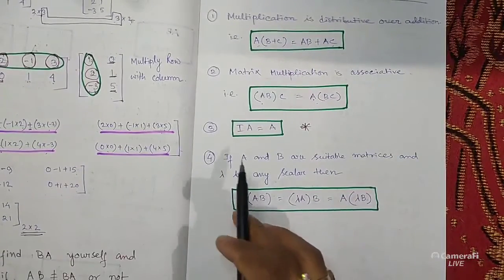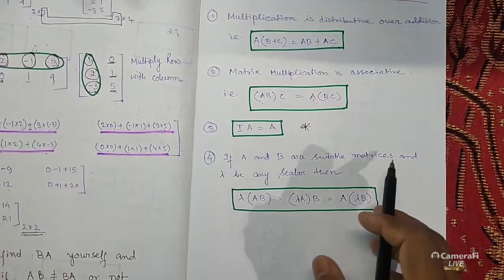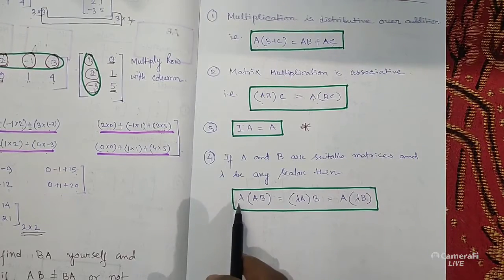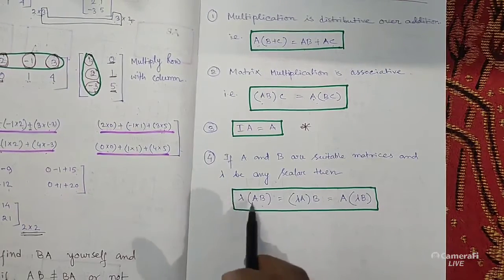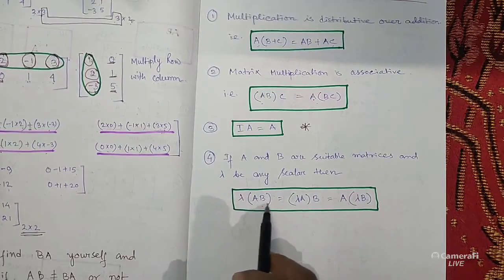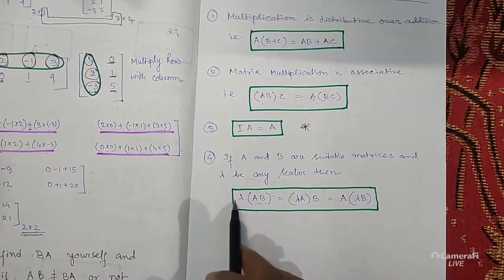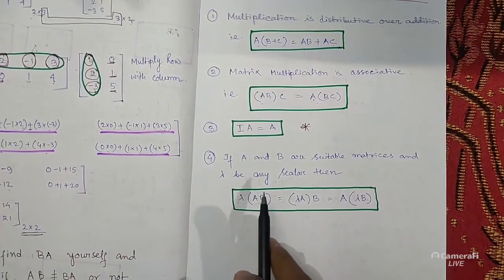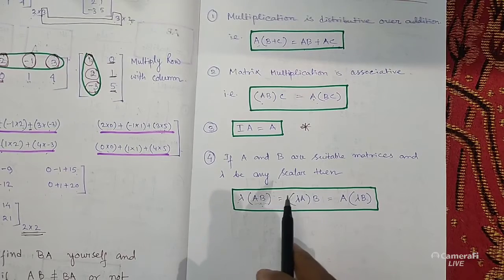And number 4, if A and B are suitable matrices and lambda is any scalar, then lambda(AB), where lambda is a scalar, we are doing scalar multiplication. First we multiply two matrices, then we multiply that matrix with the scalar, and that value equals the individual one.